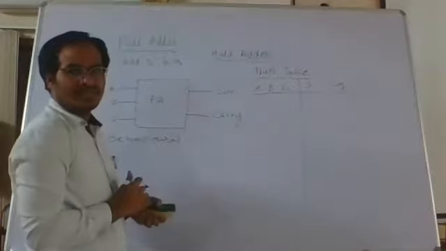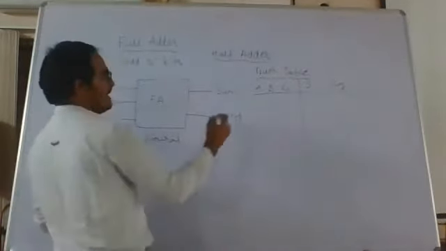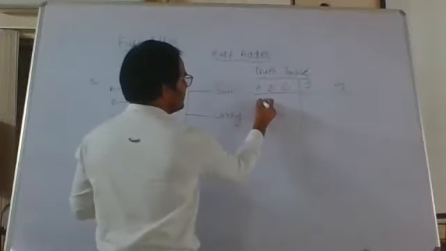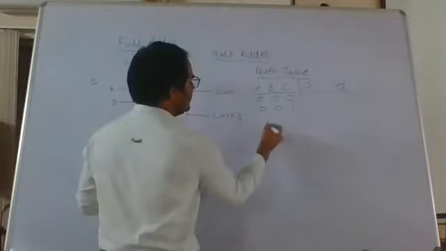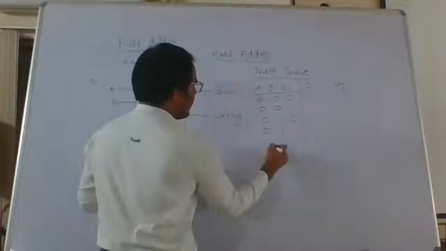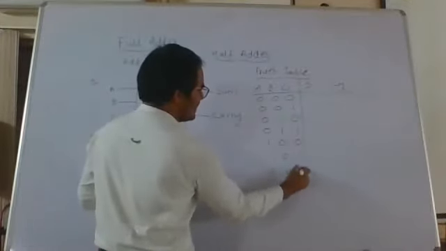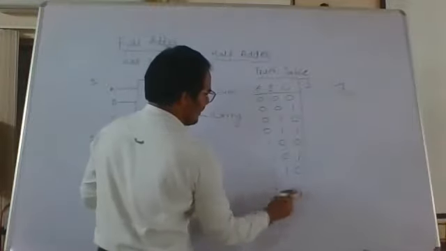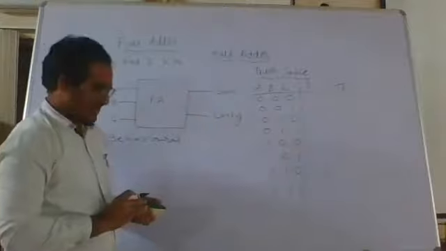The truth table shows that the input combinations are 8: 000, 001, 010, 011, 100, 101, 110 and 111. These are the input sequences.